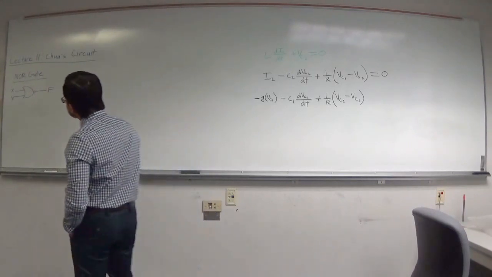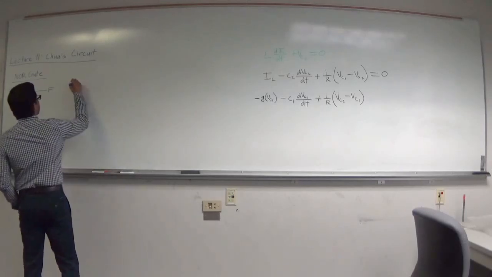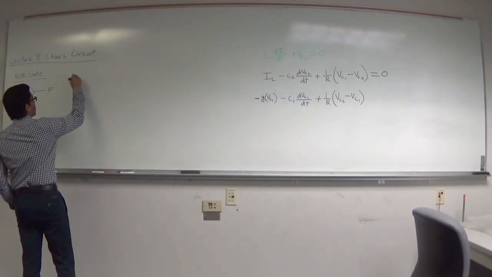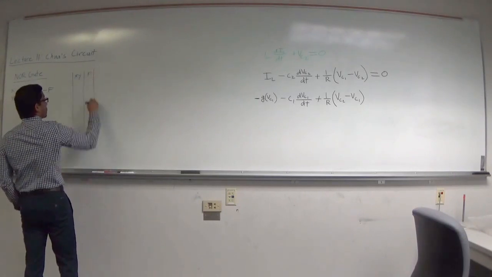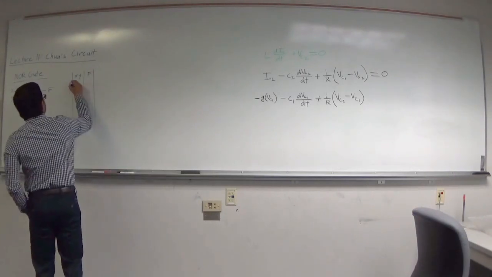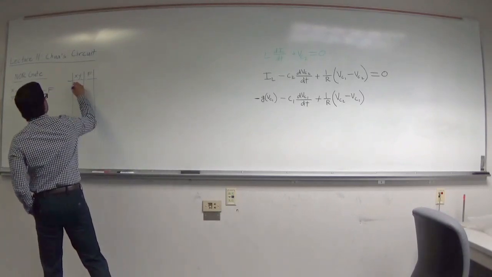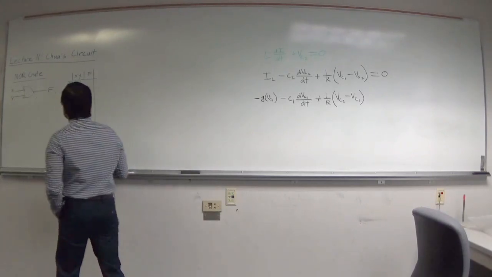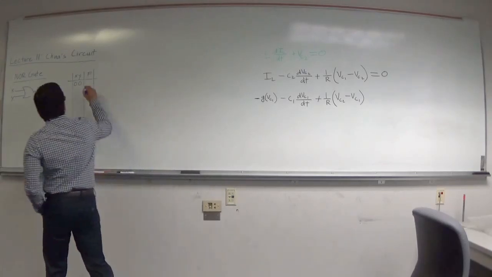So since this carries out a logical operation, we can put a truth table to it. So let's say we have X and Y, and then we have F here. So if both inputs are 0, 0, it's going to be 1.